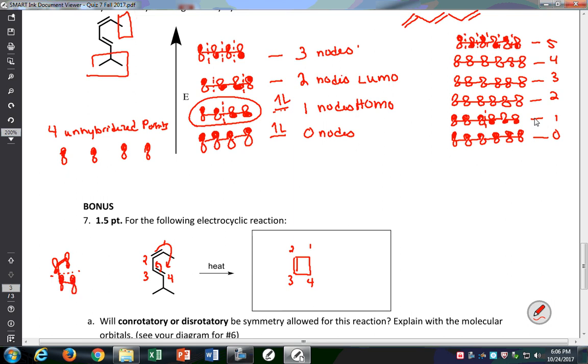All I did was redraw it in the same way that this is oriented, just so I can see it better. But it's the exact same thing as this. Here's my 2 red up, my 2 red down when I hit the node. So that's the same thing. We really only care about the 2 carbons on carbon 1 and carbon 4.